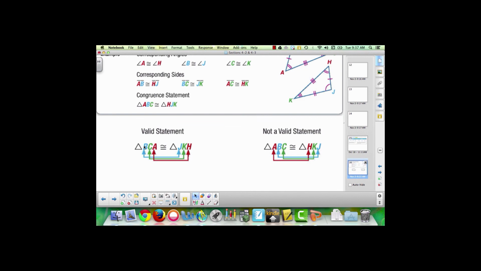Notice if I called the first triangle BCA instead of ABC, the second triangle would have to be JKH instead of HJK in order for the parts to be in the same place. This is an incorrect triangle congruence statement because B and K are not corresponding parts, but they're in the same place in the triangle congruence statement.